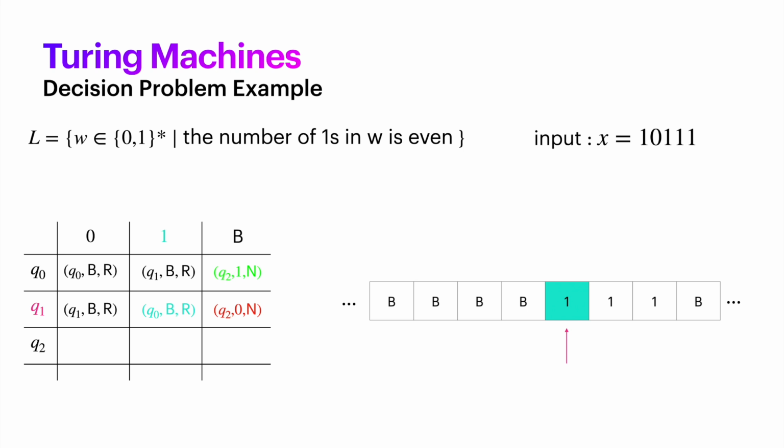We overwrite our current tape square by the blank symbol and we move 1 to the right. Now we're at state Q0, we observe a 1, we change to state Q1 and overwrite the current tape square by blank. Similarly, we are at state Q1, we overwrite our symbol by blank and we move to state Q0.